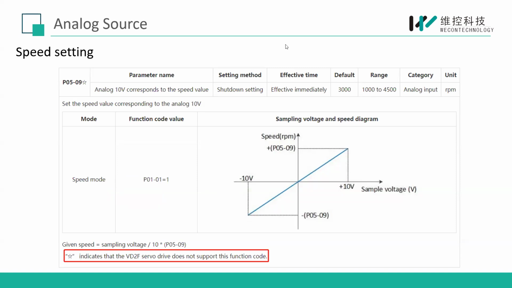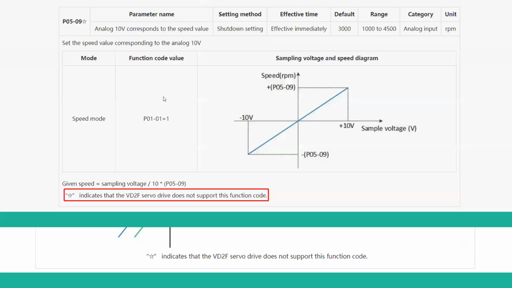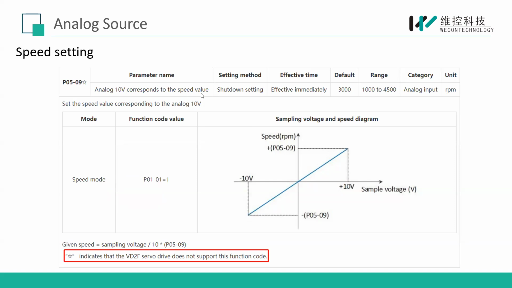Before adjusting the analog input, we first need to set the relationship between the analog input and our speed value.